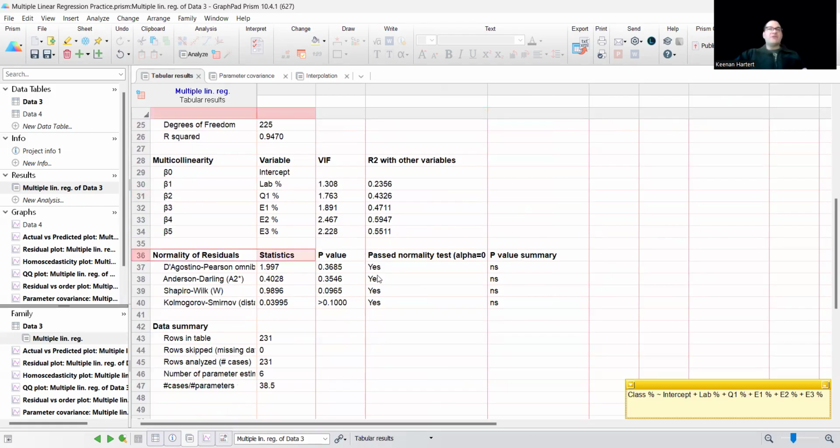So down here, we're going to do another set of tests. The residuals, like I said, are the amount that the actual points deviated from the prediction. In this case, are those residuals in a normal distribution? And looks like we're good right here. Excellent.